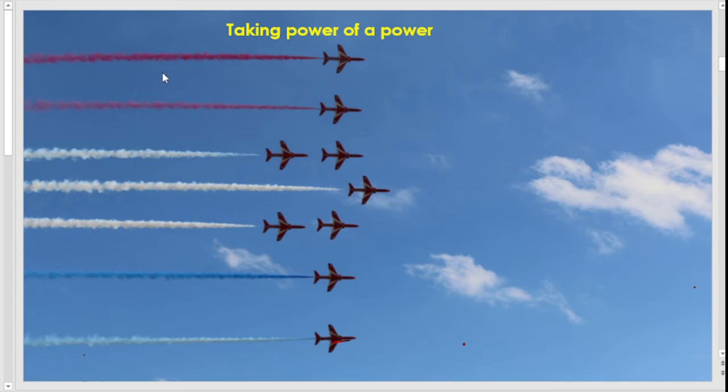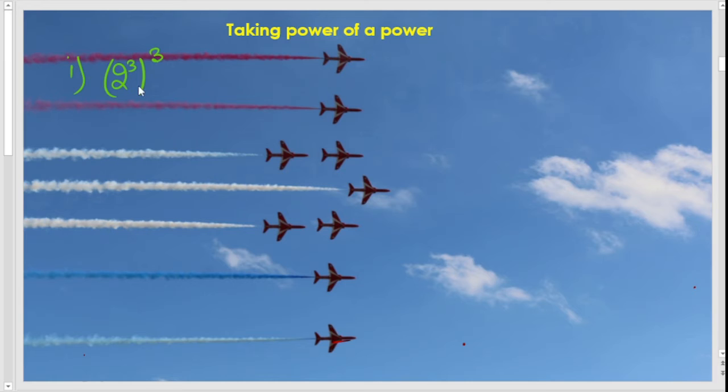Now we'll take some other topic, like taking the power of a power. We will understand this topic with some examples. The first is, we can write 2 cubed to the power 3.